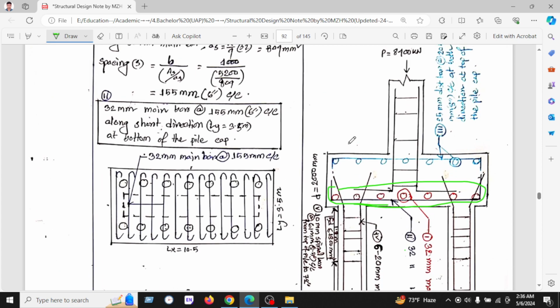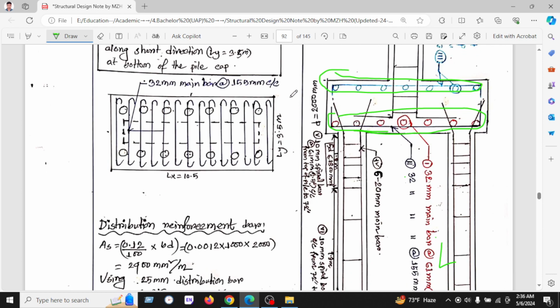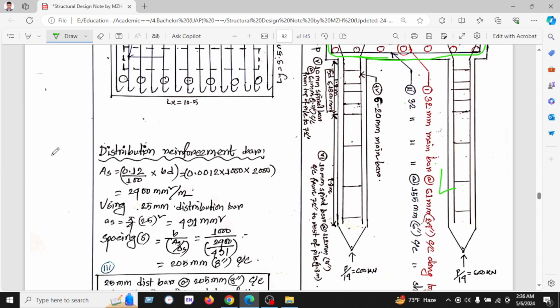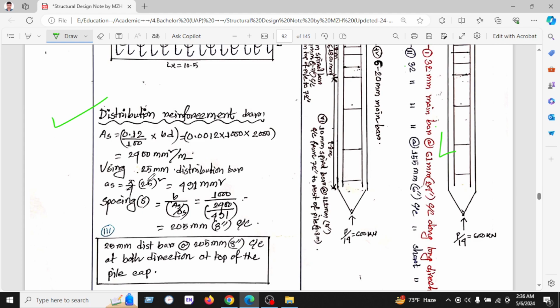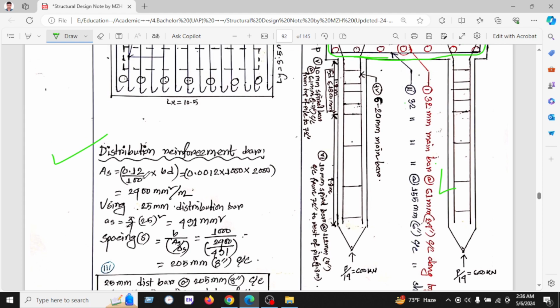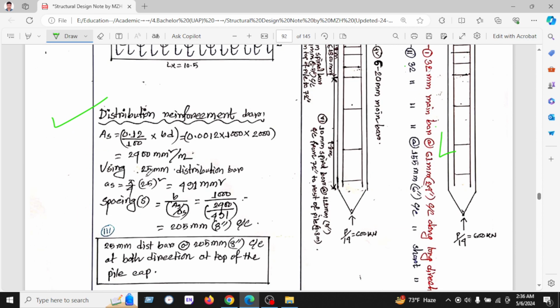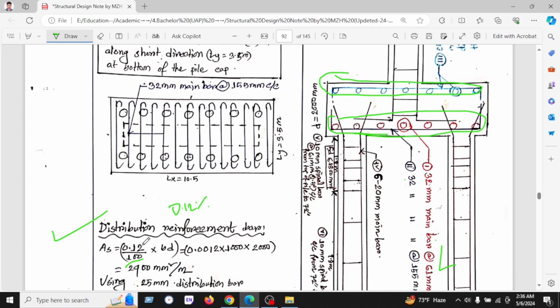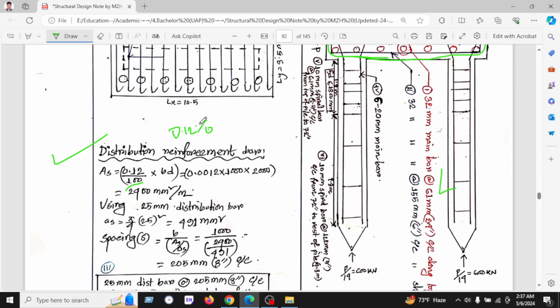Now we will check the minimum reinforcement we will provide at the top, which is the shrinkage reinforcement or distribution reinforcement. We will calculate the distribution reinforcement, which is 0.12% of b d. So 0.12% of reinforcement we will provide at the top, as a minimum requirement.